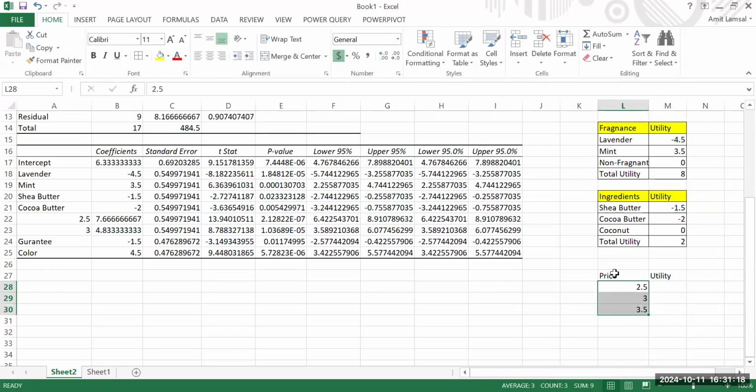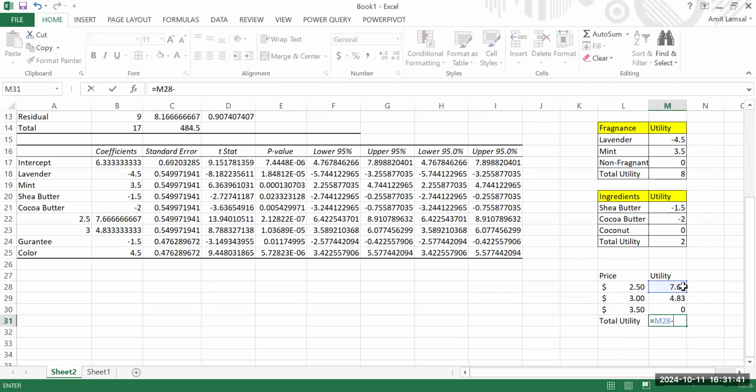So just to make it easier, you can do the utility of the price is 7.67 and 4.83, and this one is 0. So the total utility will be equal to highest minus the lowest. That means you have the total utility of price as 7.67.